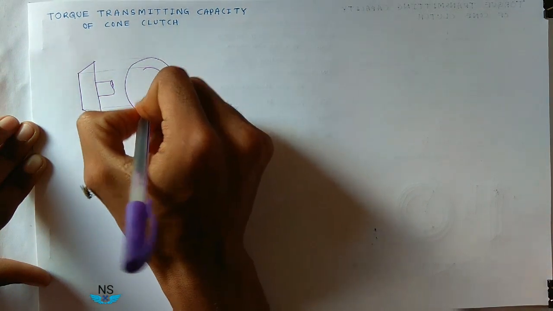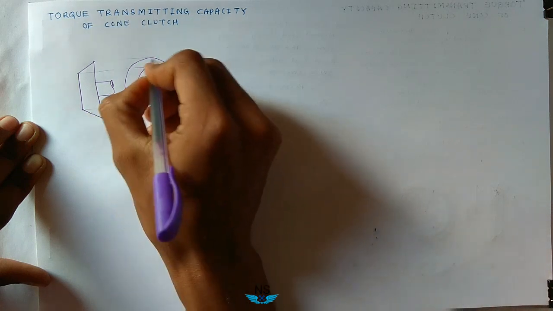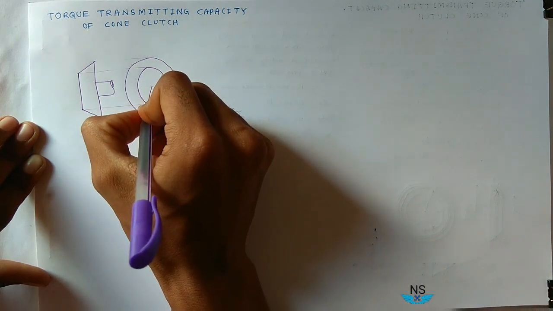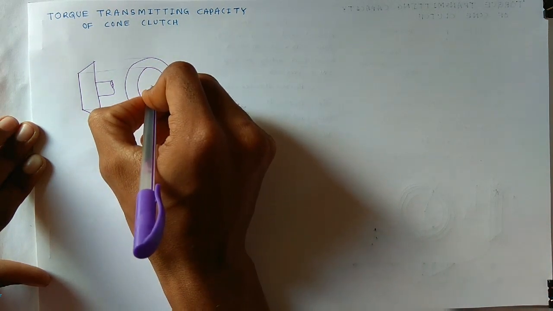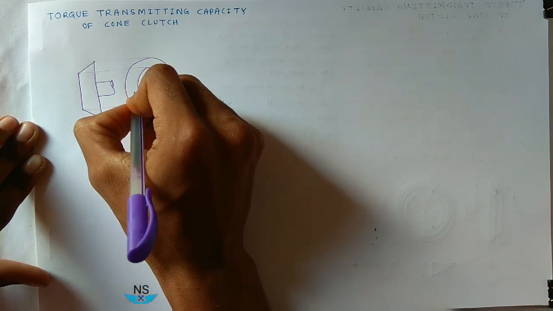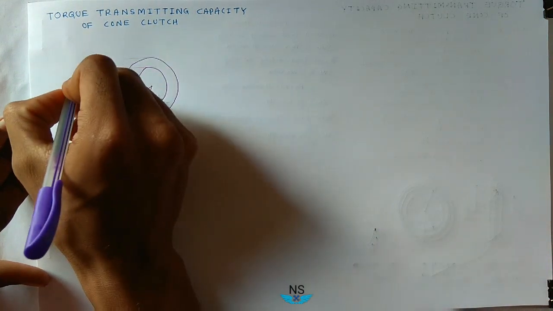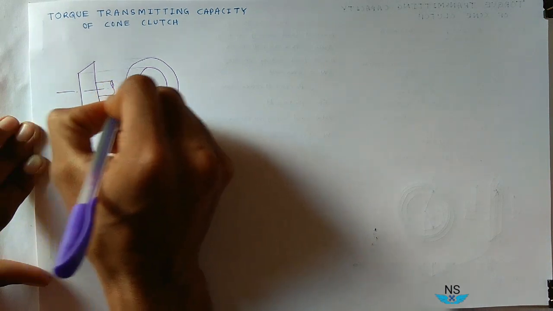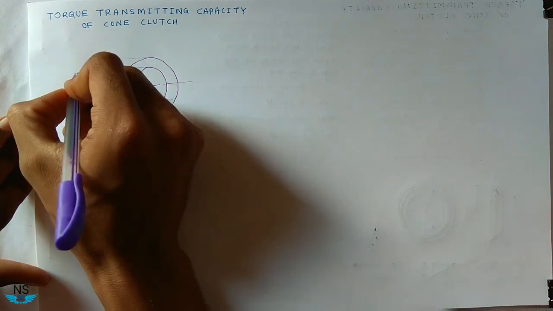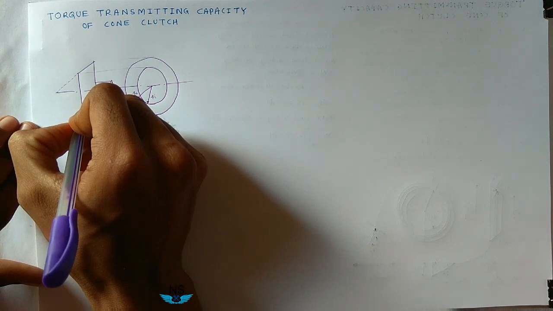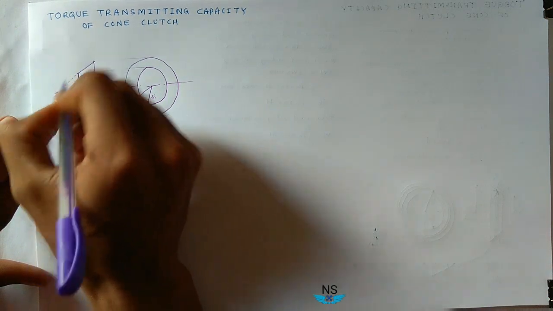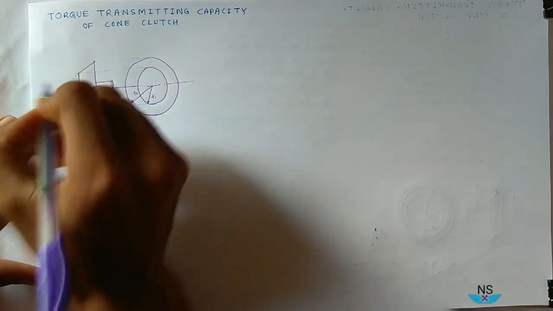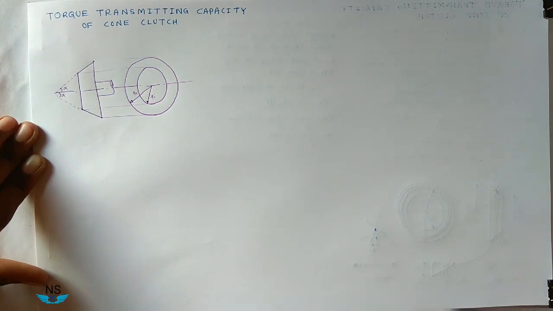This is inner side and this is outer side. This is inner radius Ri, this is outer radius Ro. And if I extend this line up to center line, this angle is semicone angle alpha.